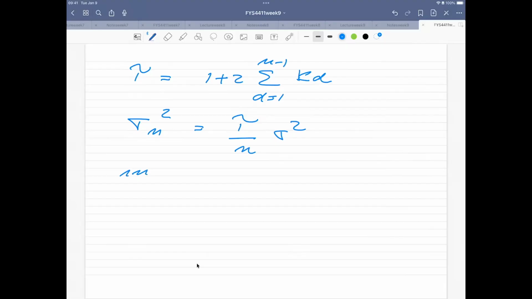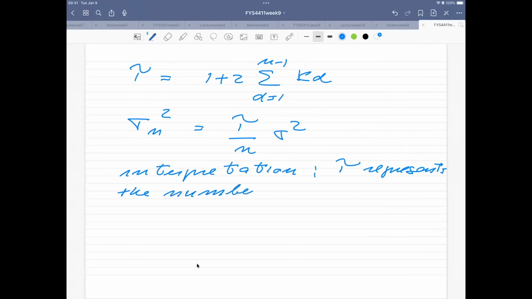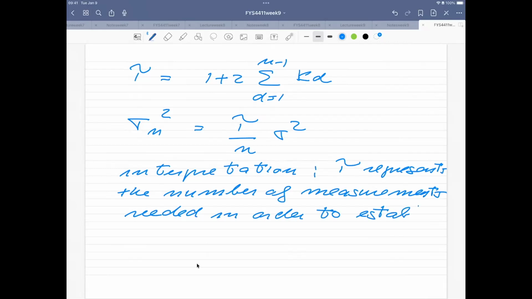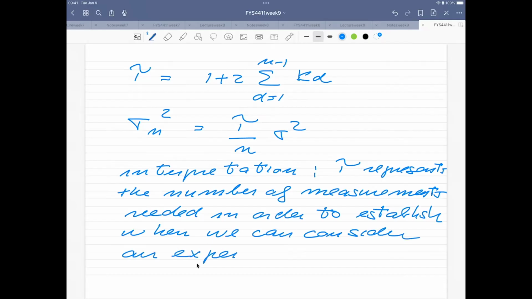So the interpretation which we have is that we have a tau represents the number of measurements we needed in order to establish when we can consider an experiment or a numerical experiment.